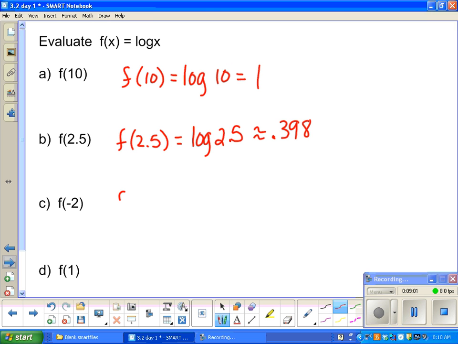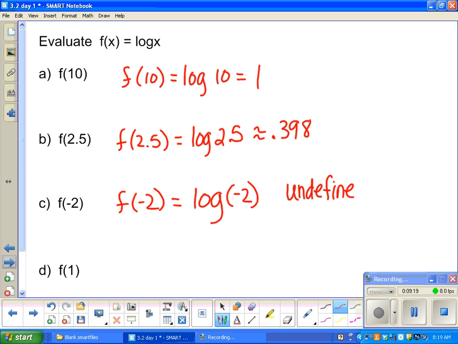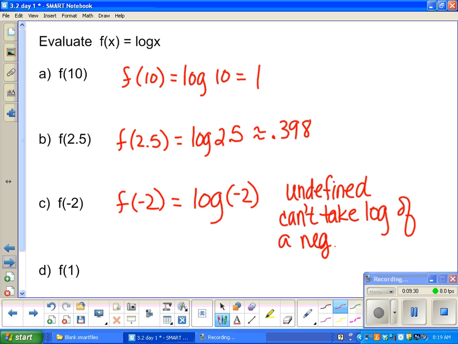What if I put in f of -2? If you put that into your calculator, you may get an error, domain error, syntax error, something like that. Why? It's undefined. We cannot take the log of a negative number.